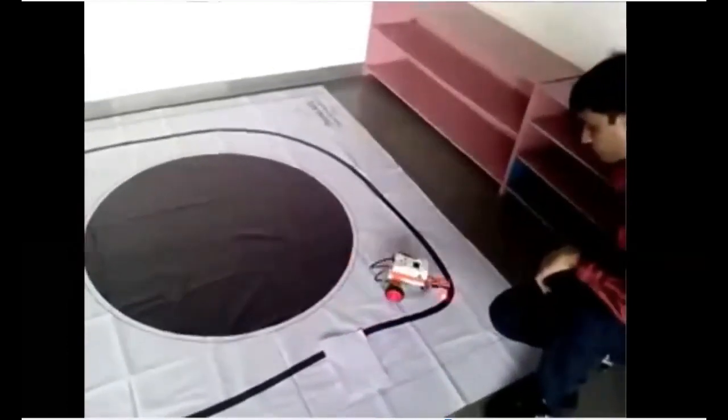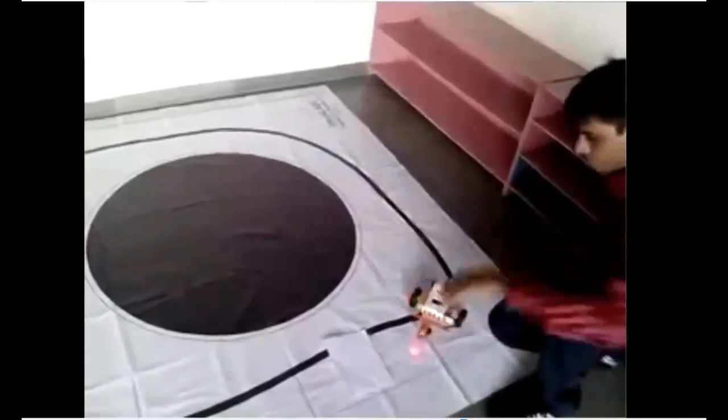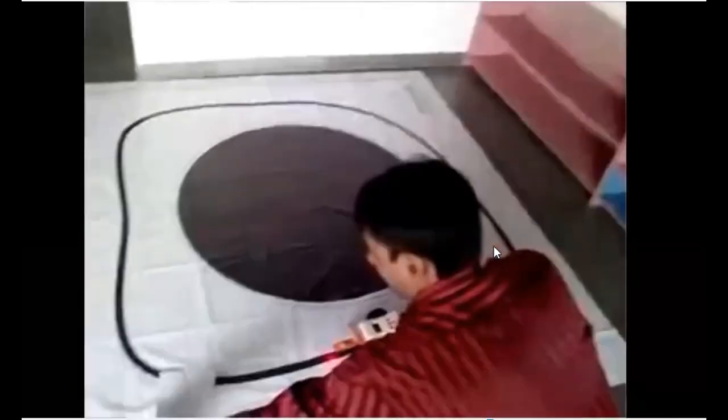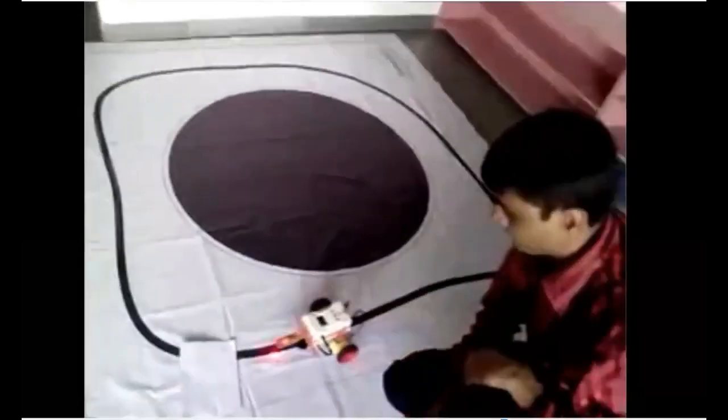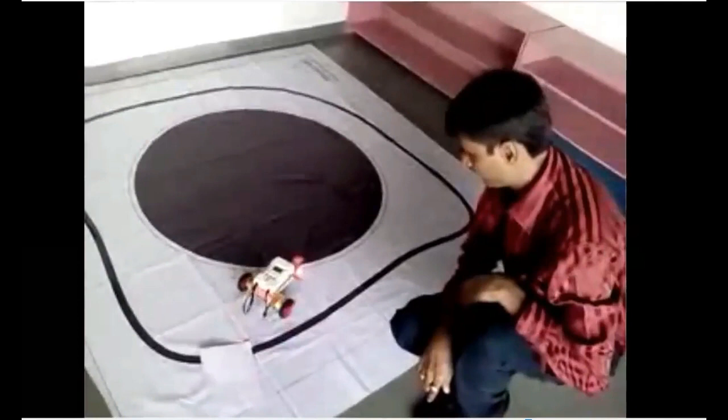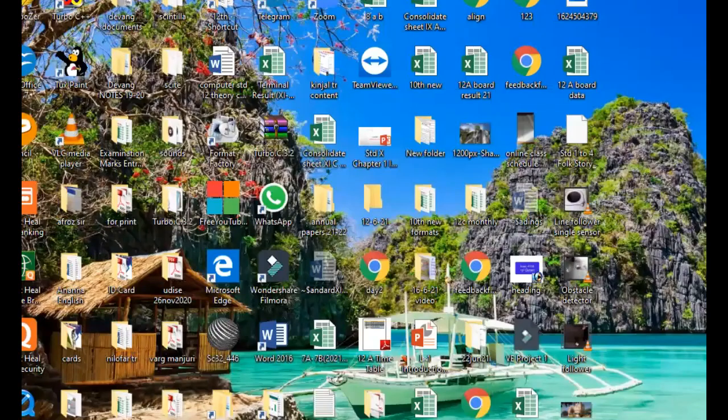Now it is moving ahead. So that was the topic of artificial intelligence.